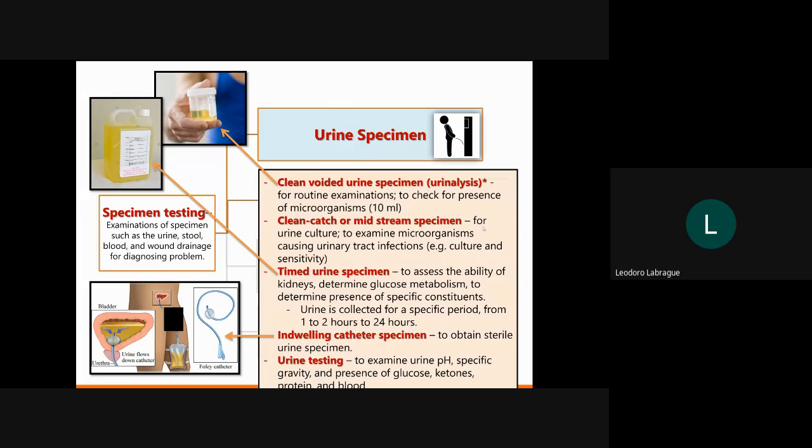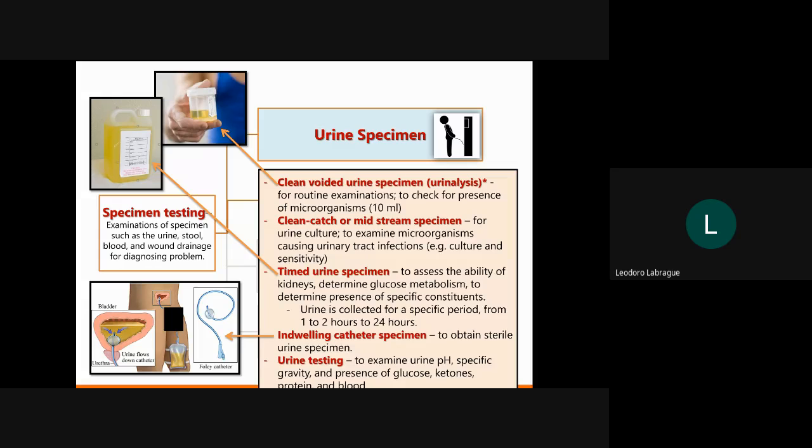You will see here in the first photo, the urine is placed in a container, and after it is collected from the patient, the urine is sent to the laboratory for examination and testing.